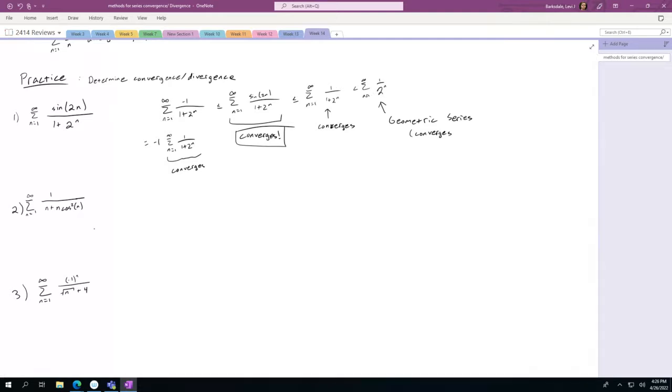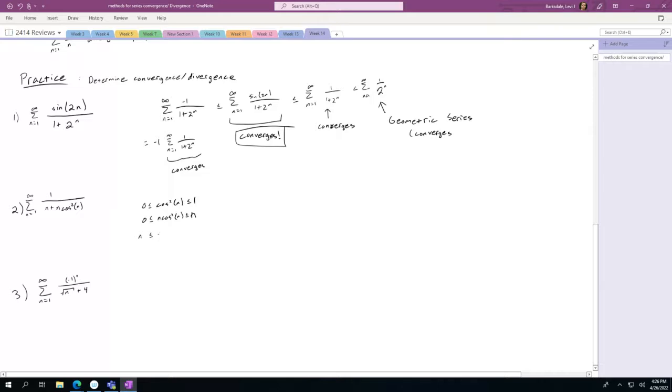But I know that my cosine squared ranges between 0 and 1, right? Which means this statement is true, right? Yes, it is. Which means 0 is less than or equal to n cosine squared n, which is less than or equal to n, right? Mm-hmm.